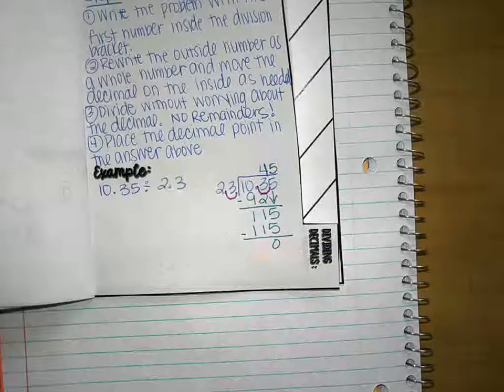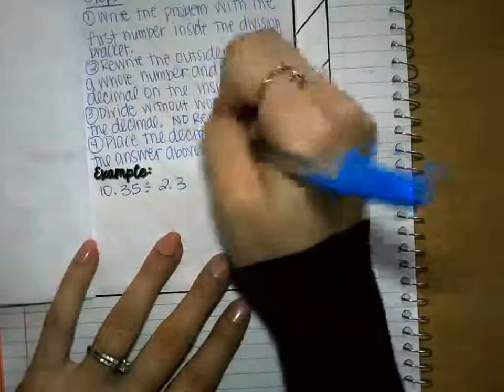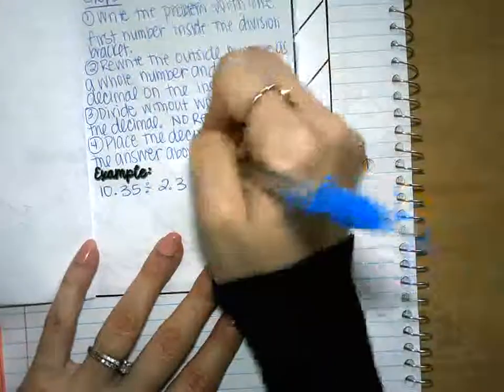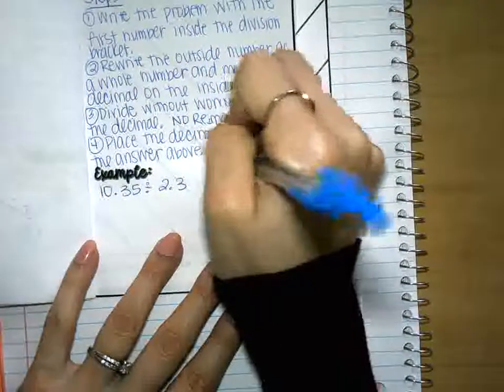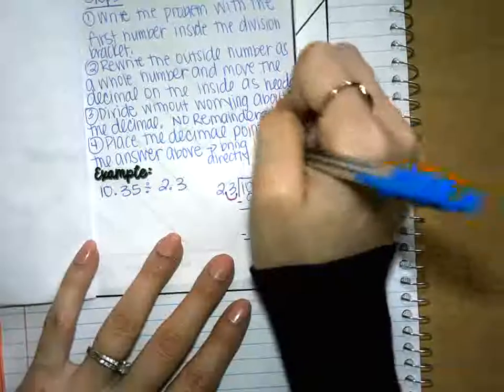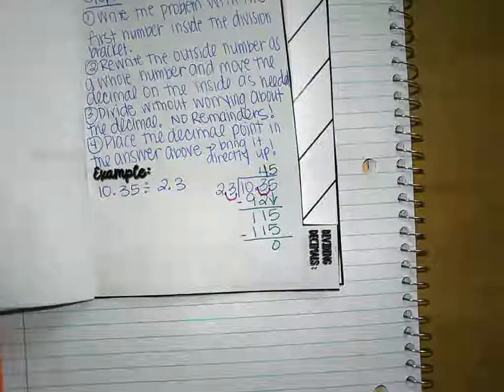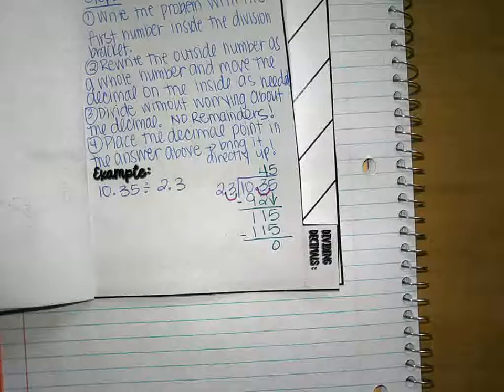So all you're doing is bring it directly up. So bring that decimal point exactly where it is at and bring it directly up, especially if you're lining up your numbers properly. That will help you out.